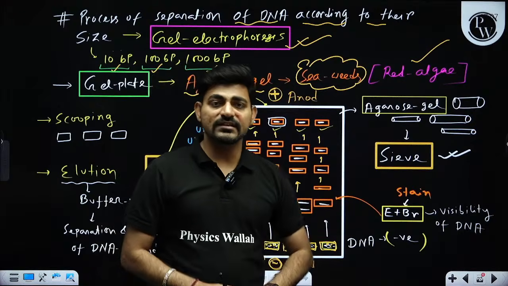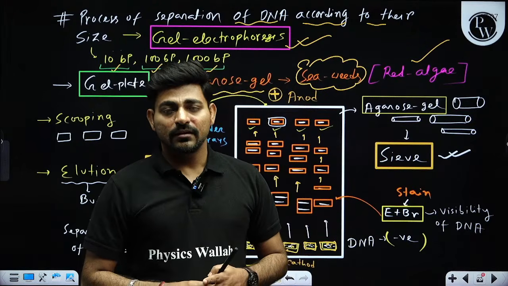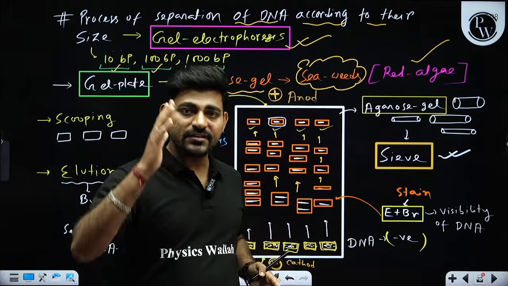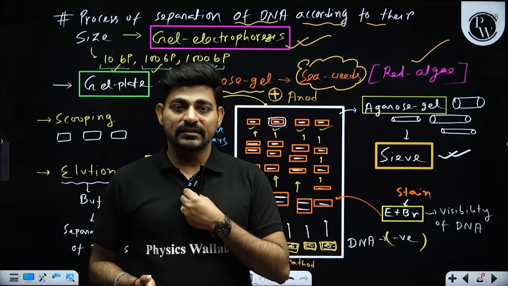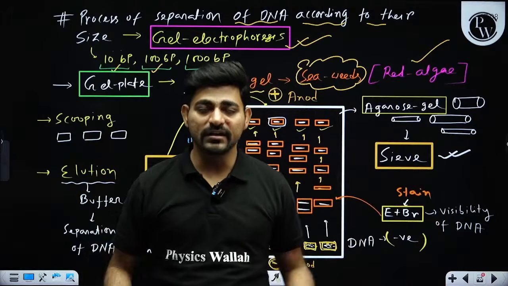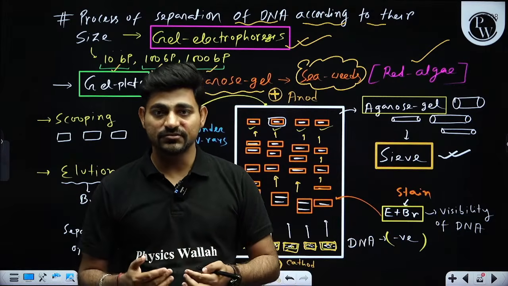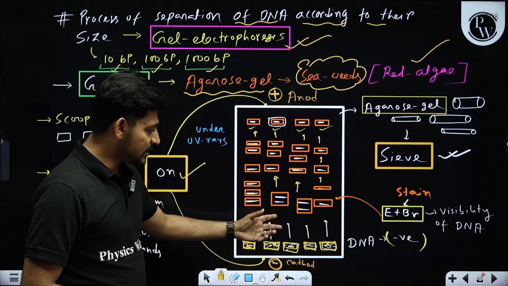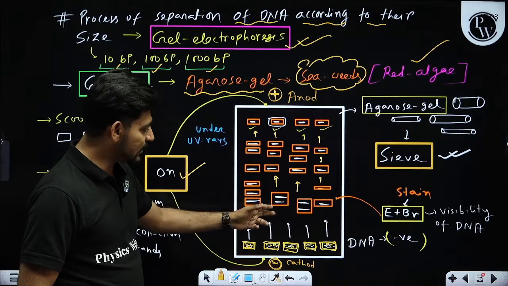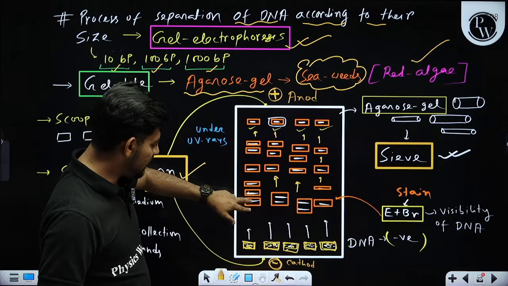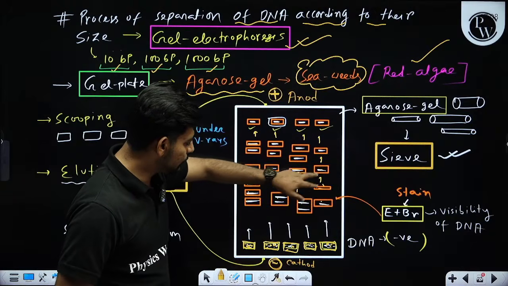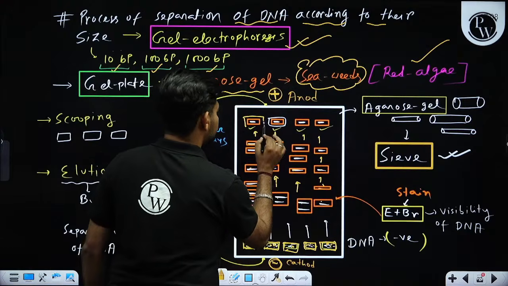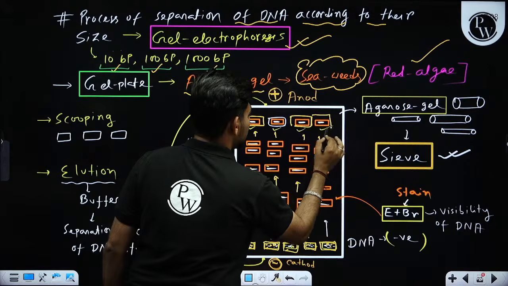Now, obviously, if there is a running competition, if someone is thin and fit, that person can run very fast, and some other competitor is very fat and weak, he or she cannot run really fast. In the case of DNA, a similar thing is happening. The larger pieces of DNA will remain in these particular zones, and the smaller pieces will move near to the anode.